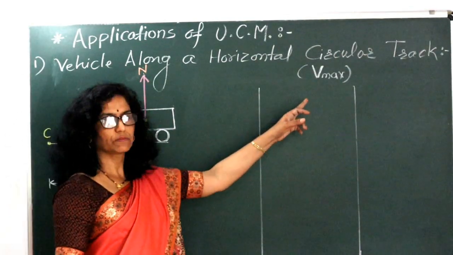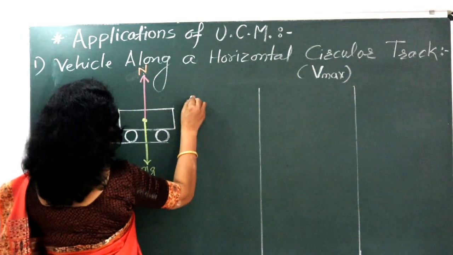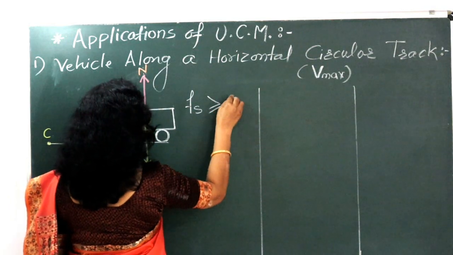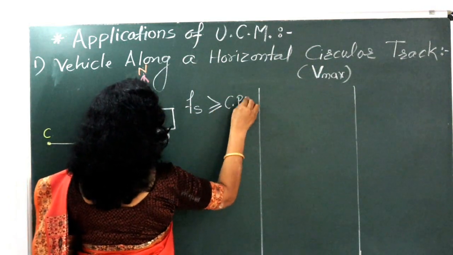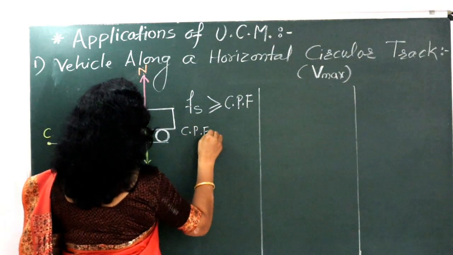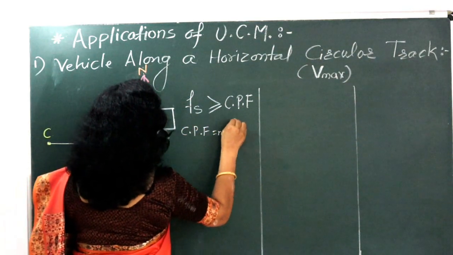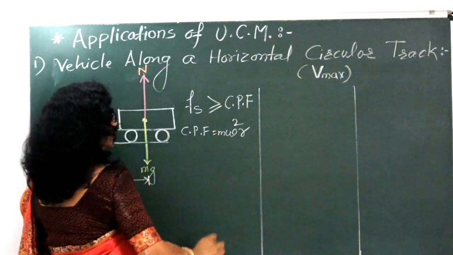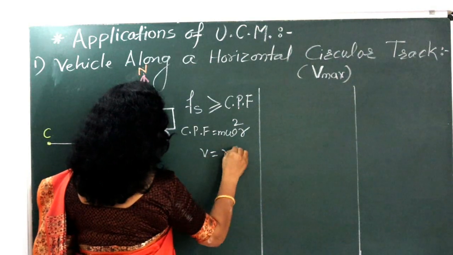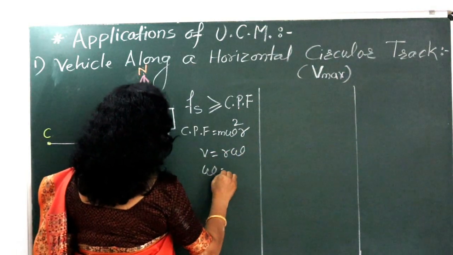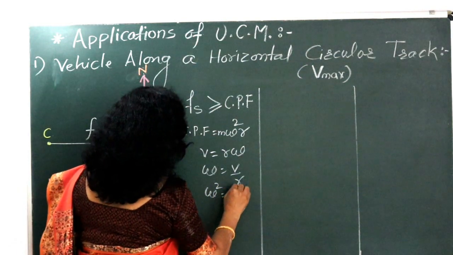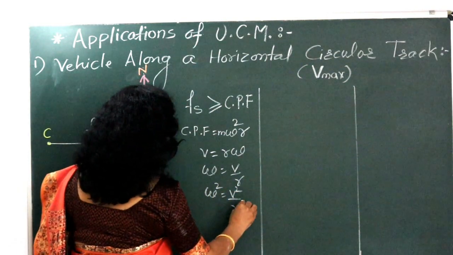For maximum speed, the condition is force of static friction is greater than or equal to centripetal force. Centripetal force is equal to m omega square into r in magnitude form. You know that v is equal to r omega, omega is equal to v upon r, omega square equal to v square upon r square.